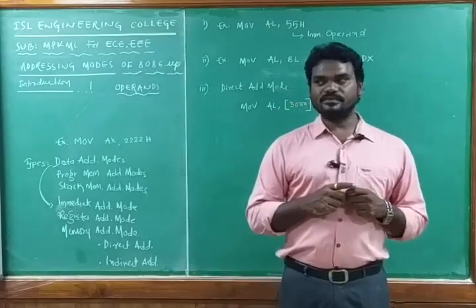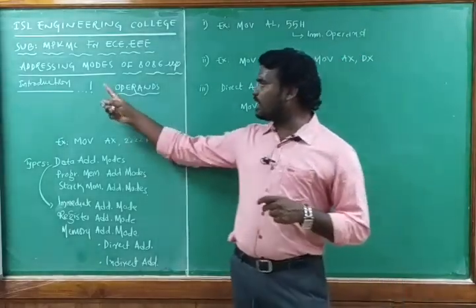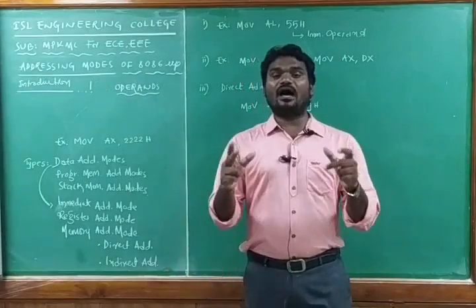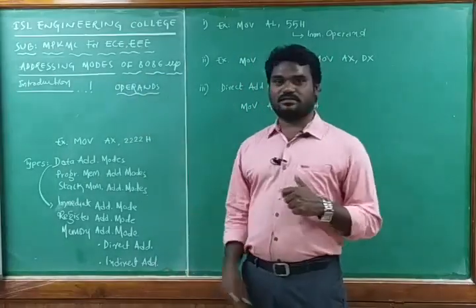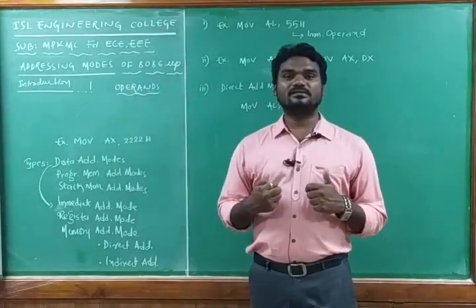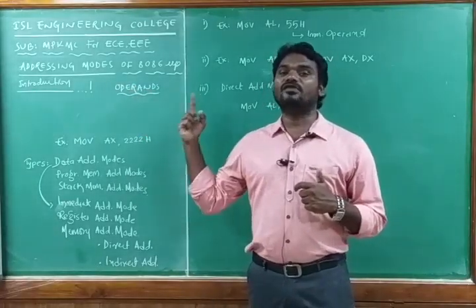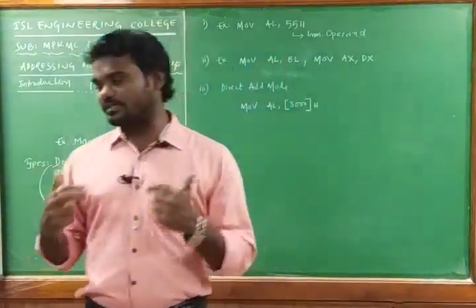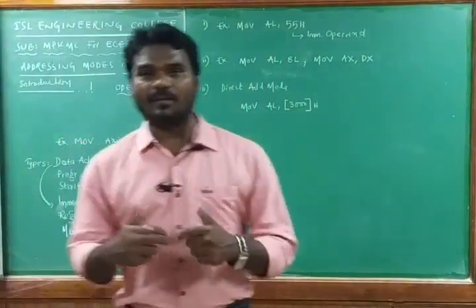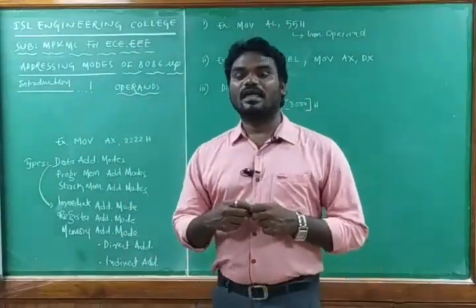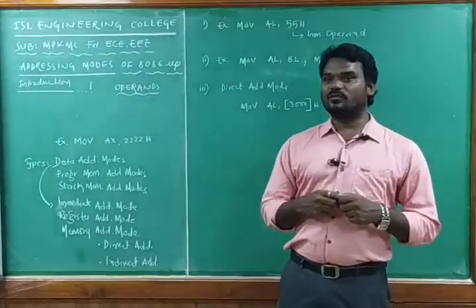Then what are the addressing modes now? The way of accessing these operands is called addressing modes. The way of accessing the operands by the 8086 microprocessor is called addressing modes.